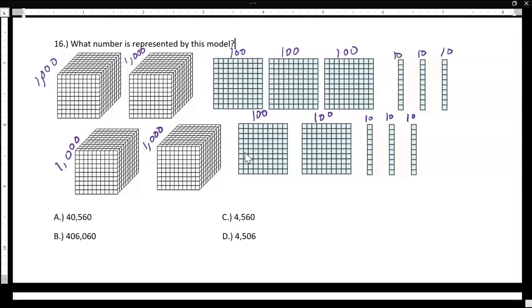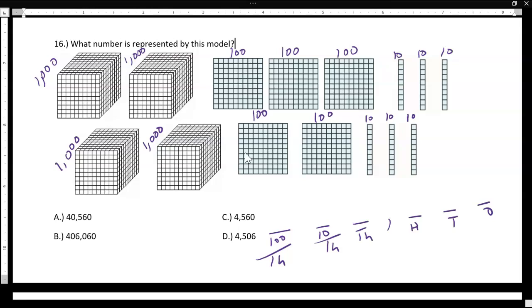Now, what could I use to help me here? Place value chart. Do we have any 100,000s?